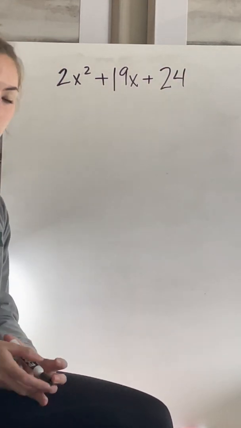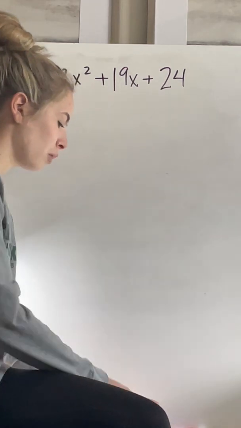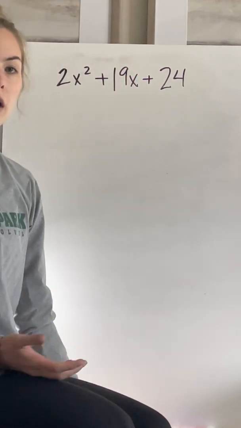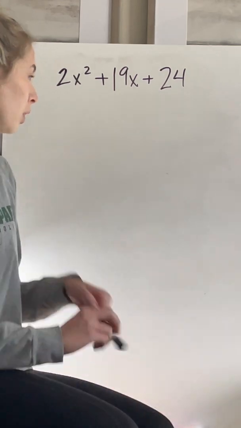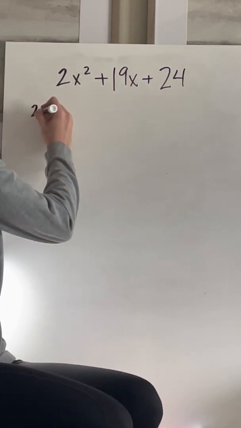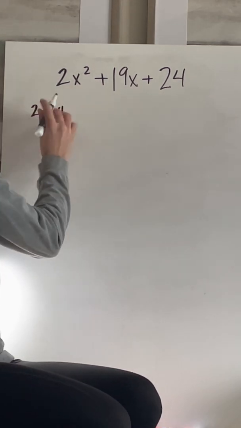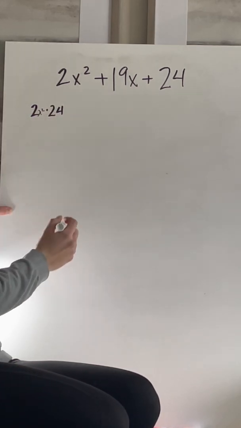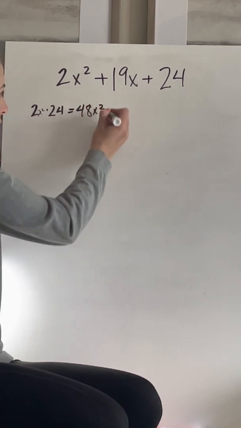Same thing, using the grouping method. Let's go ahead and find our multiples and the 2 multiples that will work in our 4-term expression. So what is our product? Our product is 2x squared times 24, which gives us 48x squared.